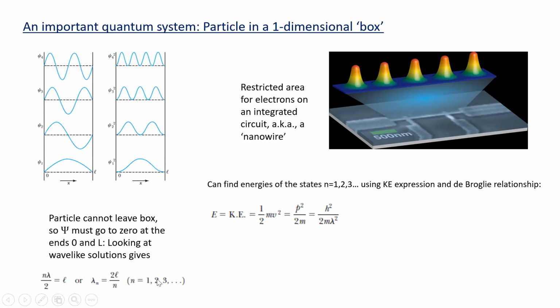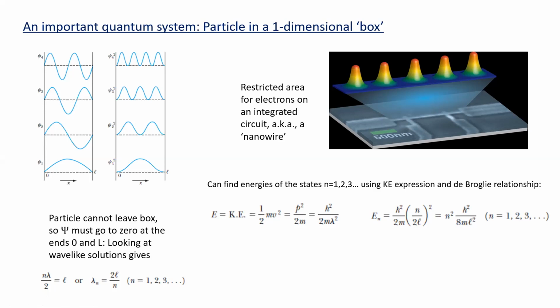Then the second step is to use the fact that, because the wave function has to come to 0 at each end of the box, because the particle can't be found outside the box on either side, lambda only takes on certain values, 2L over n, where n equal 1, 2, 3, etc. So these are certain allowed wavelengths, resonant frequencies, almost like a wave on a string with 2 fixed endpoints.